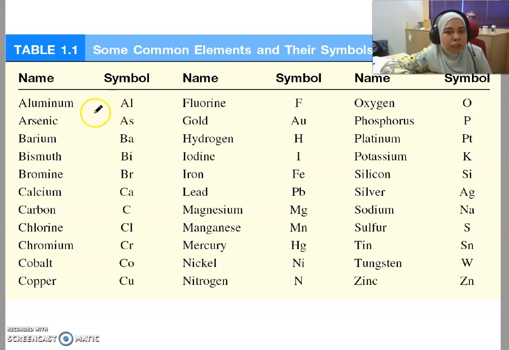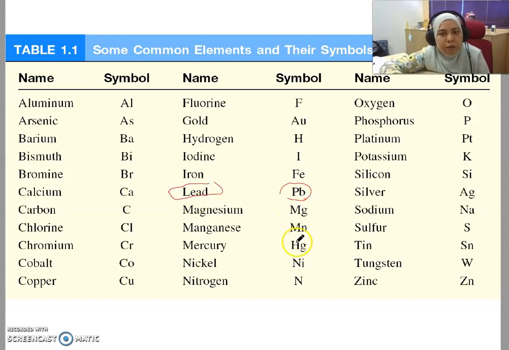Bukan semua yang kita gunakan, nama common dia sama dengan nama simbol dia. For example, ni, plumbum kan? Ataupun nama common dia adalah lead. Kita pakai lead, kita tak pakai plumbum, nama yang dibuat secara saintifiknya.